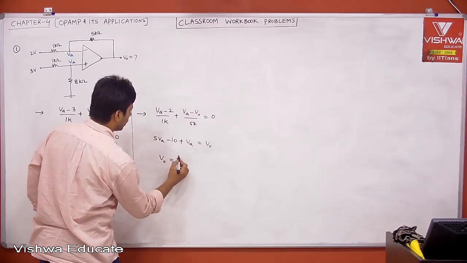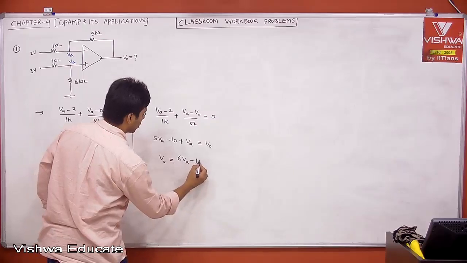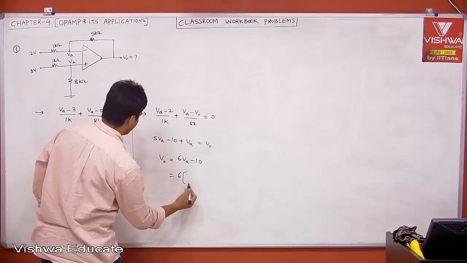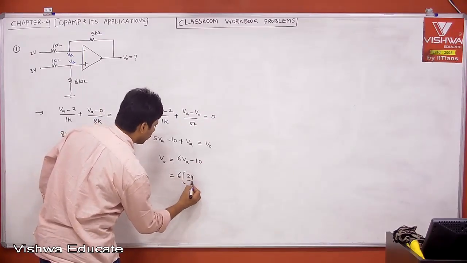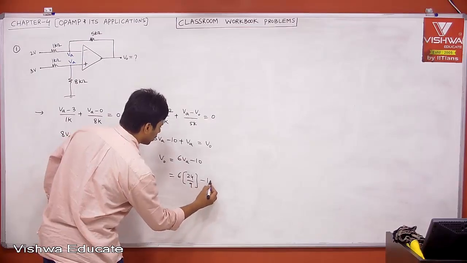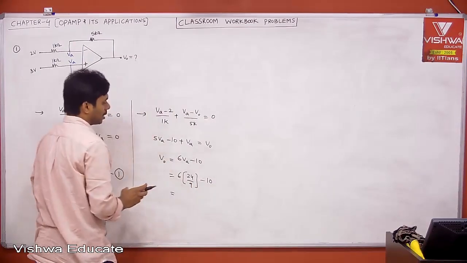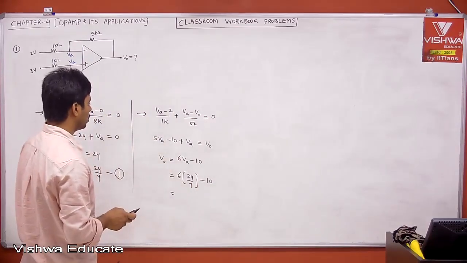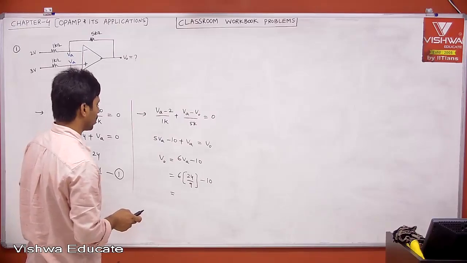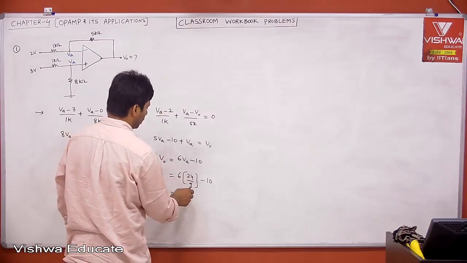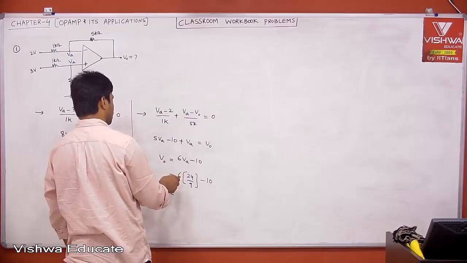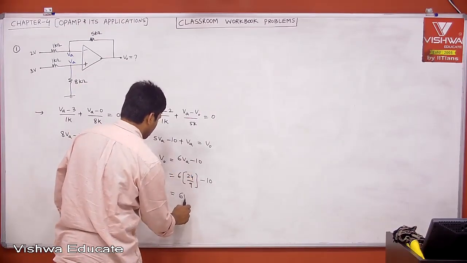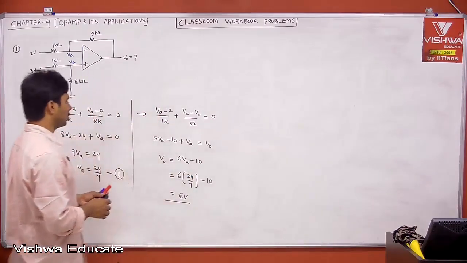Therefore, V0 is equal to 6 VA minus 10. 6 into what is VA? 24 by 9 minus 10. Therefore, 3 2s are 6, 3 8s are 24, 8 2s are 16, 16 minus 10, you will get 6 volt. You should get 6 volt.